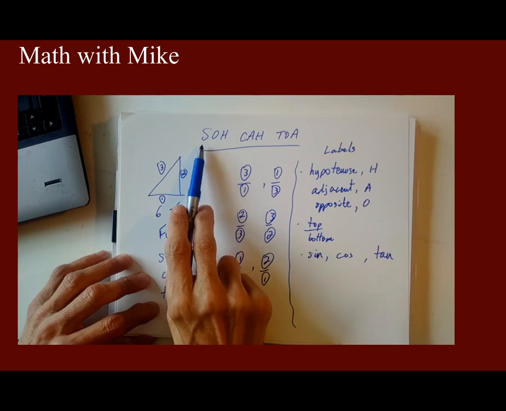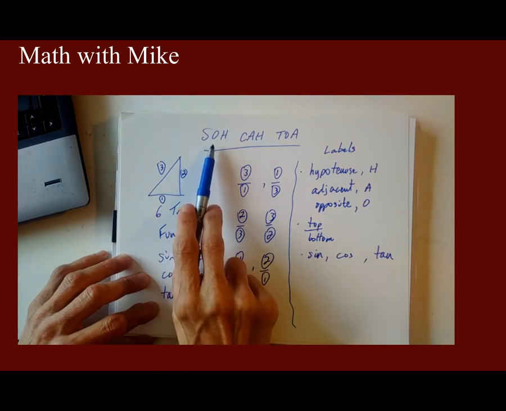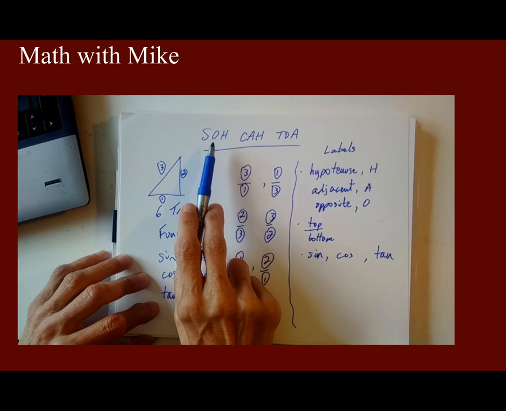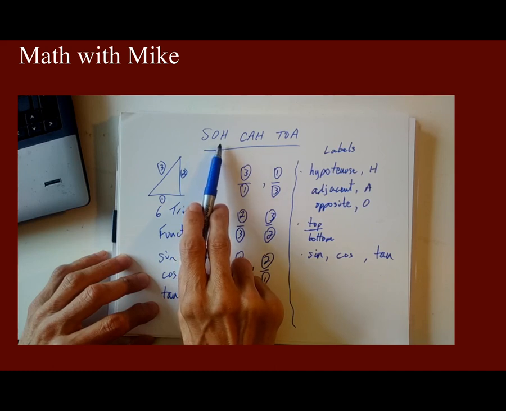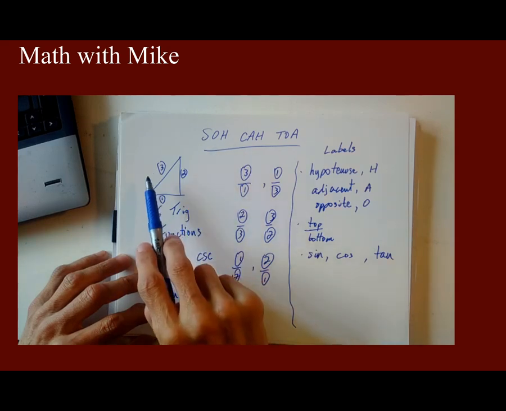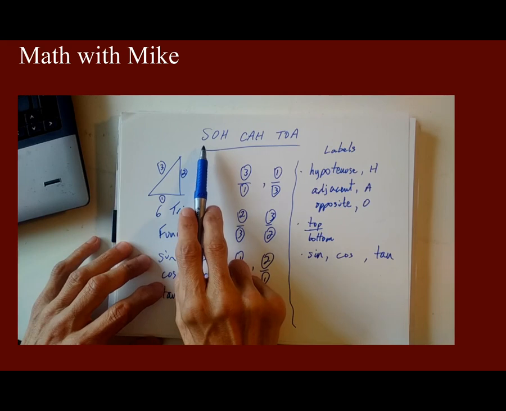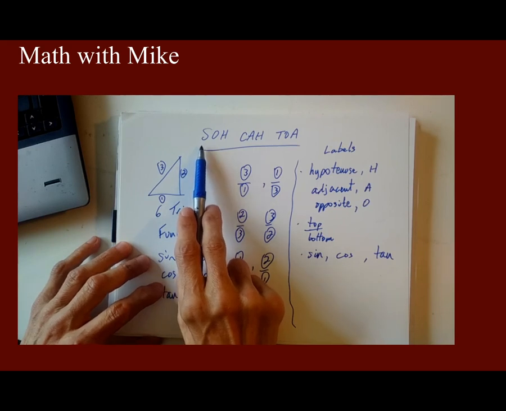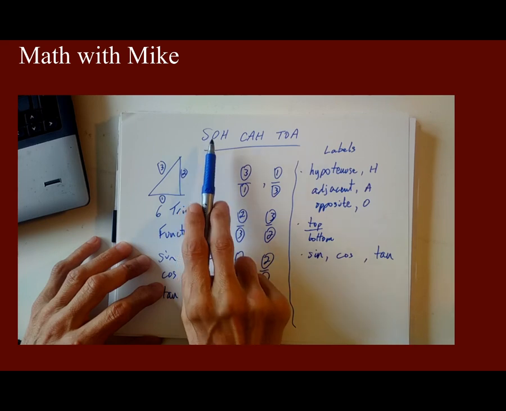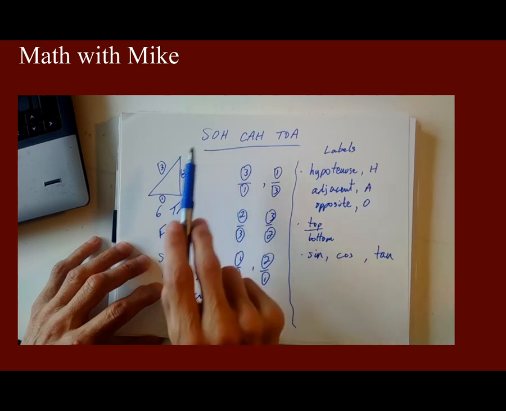The S, that's for sine. The next letter is the top of the fraction. And then the next letter is the bottom of the fraction. So I could back it up a bit, actually. I said this is sine, it's S, but this is the trig function you've got. So the trig, the top, and the bottom.